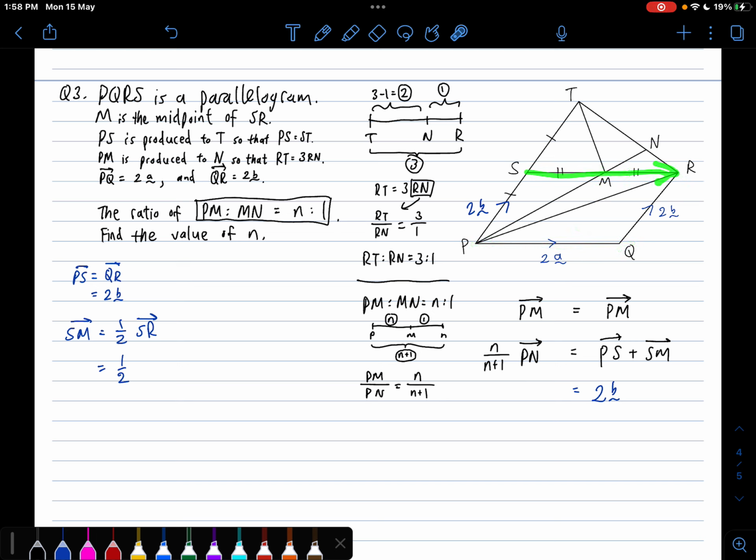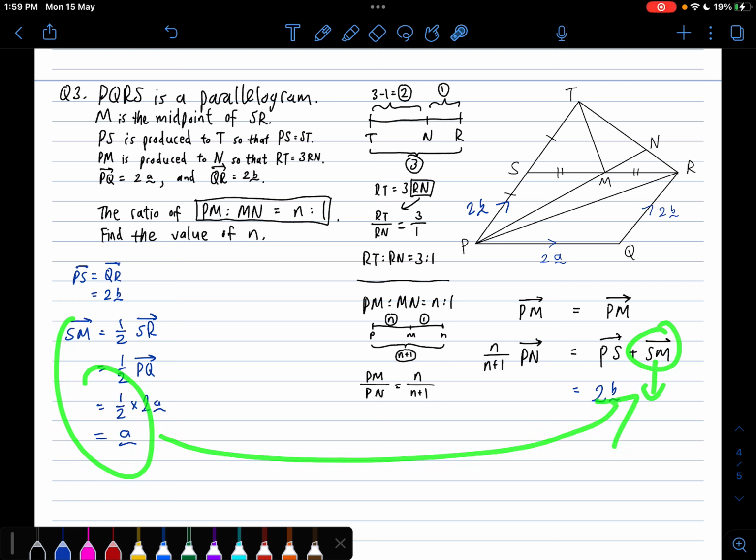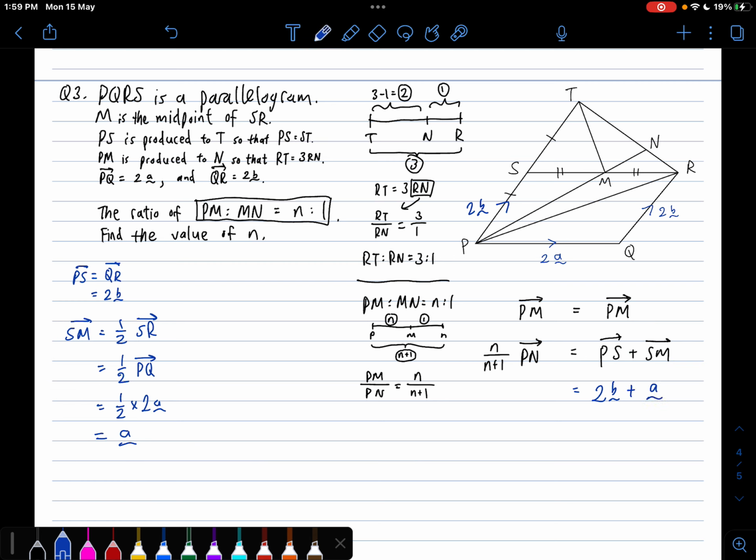So SR will be equal to vector PQ, S towards R from left towards right, P towards Q from left towards right. Coincidentally, vector PQ is vector 2a. So we can replace it with half times 2a. Half times 2 cancels off, you're left with just vector a. So SM equals vector a. I can replace the SM over here with plus vector a.